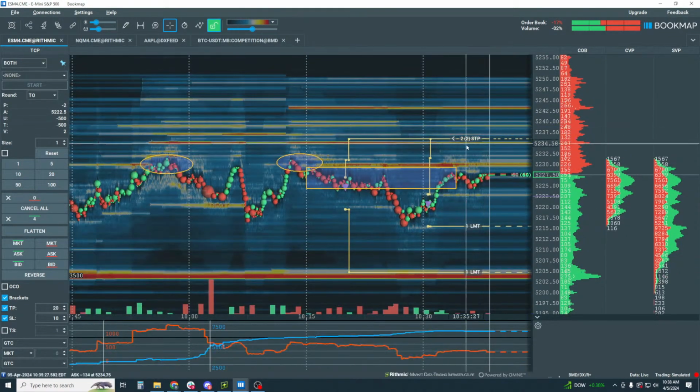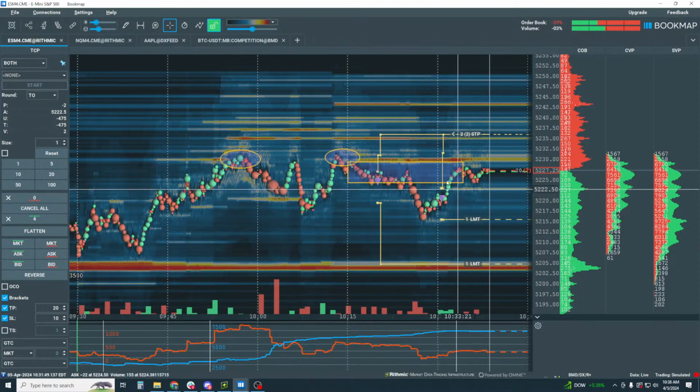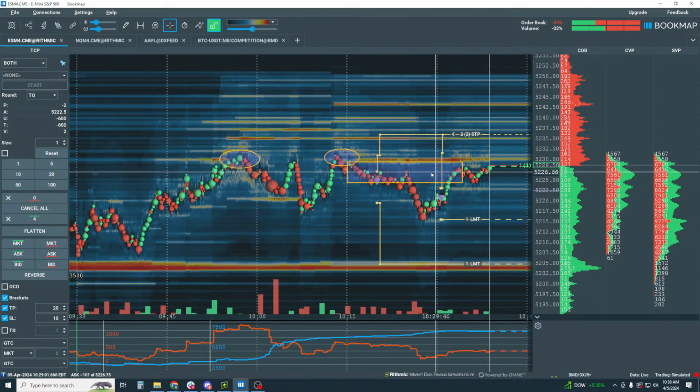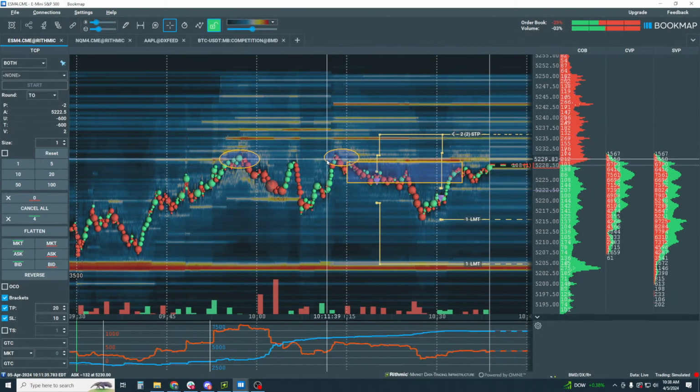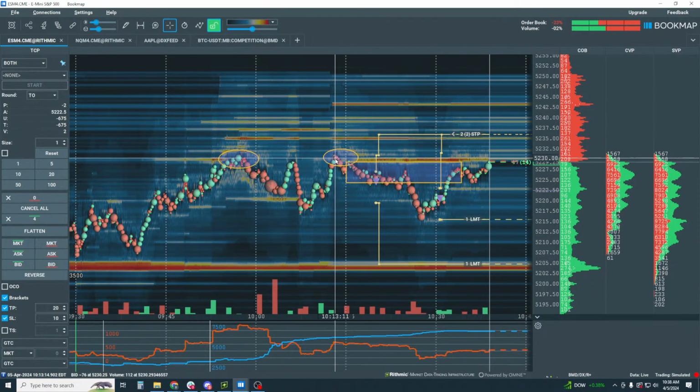Okay, so let's see. Well, yeah, I mean, we're looking for the aggressors to charge after this liquidity down here. Okay, and right now we're in a really back and forth environment. So in fact, buyers are likely to come up and retest.